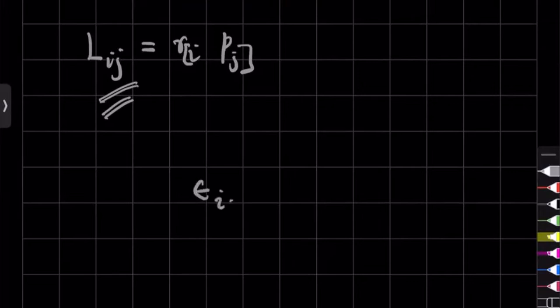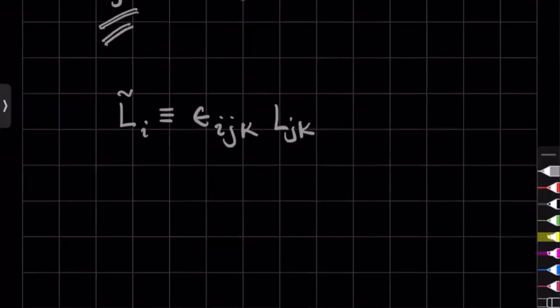If I take epsilon_{ijk} L_{jk}, I can define this in 3 dimensions to be a new object. Let's call it L tilde_i. Let's see how L tilde transforms.